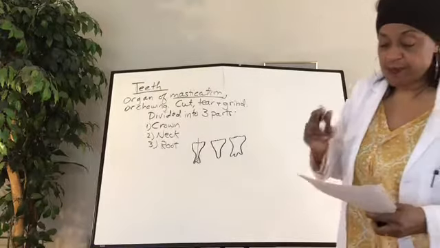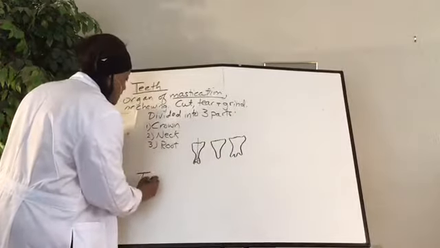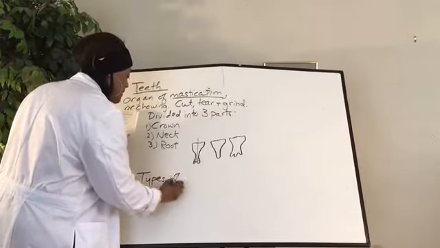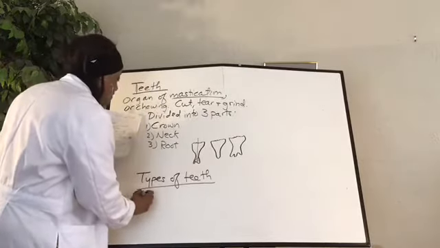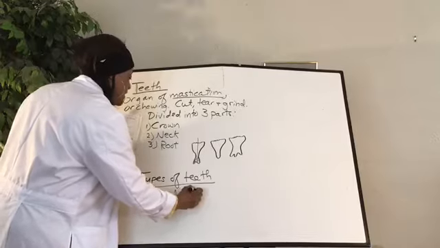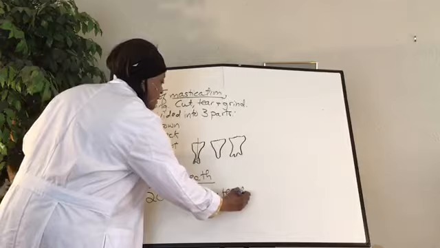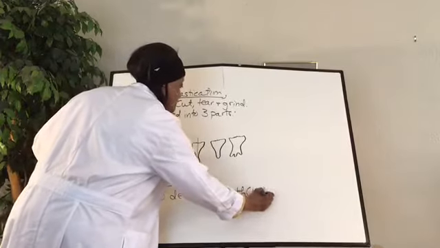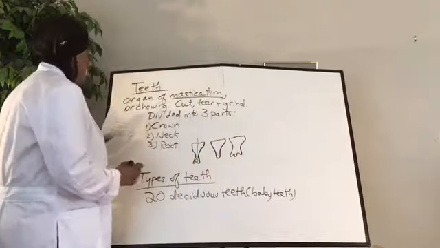So let's look at types of teeth. You have 20, as I just said, deciduous teeth. These are the baby teeth, right? Baby teeth.